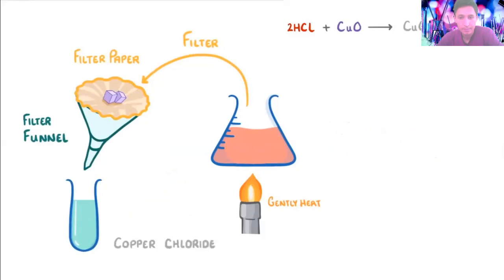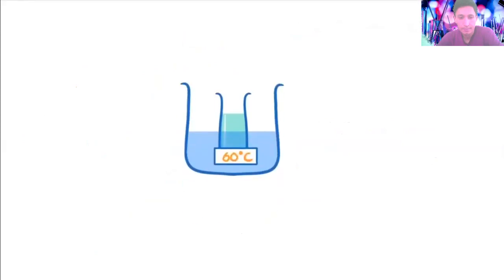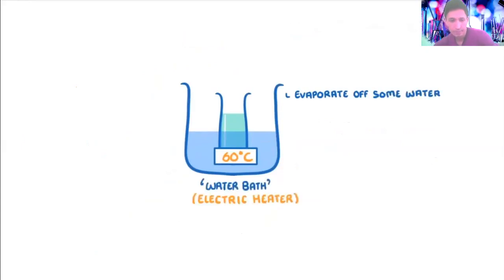In order to get pure solid crystals of copper chloride though, we'd need to gently heat up our now filtered solution and evaporate off some of the water. To do this, we'd want to use a water bath or an electric heater rather than a Bunsen burner, because we don't want to heat up the solution too much and risk damaging our salt.